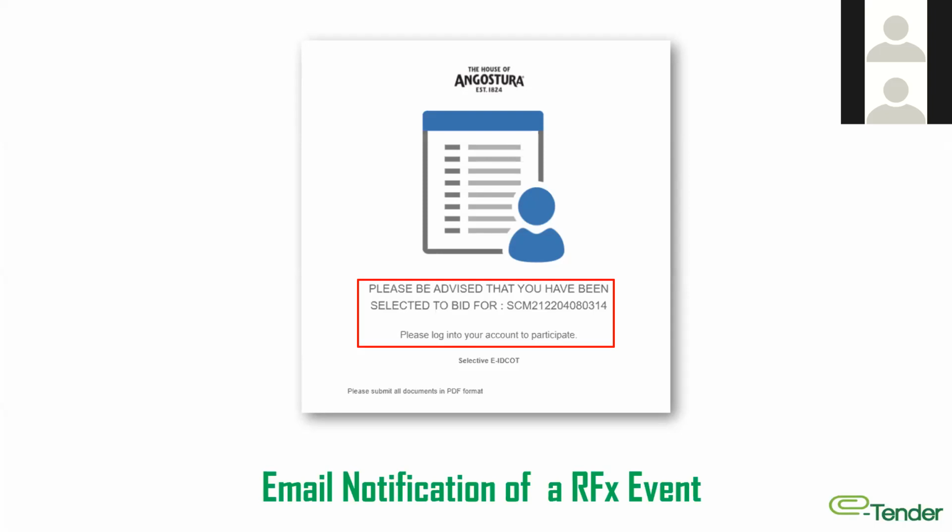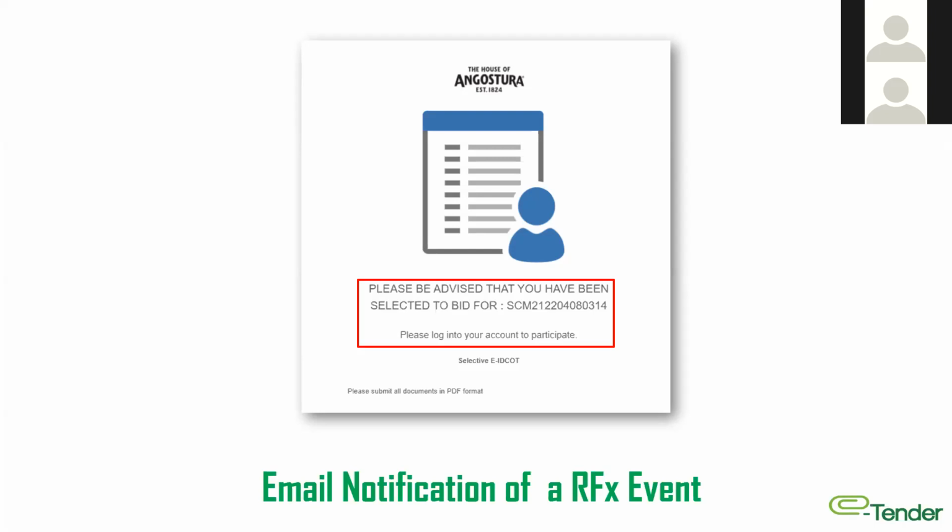But when you're invited to participate in an RFX event, it can happen in 2 ways, right? It can either be through a public tender or a selective tender. If it's for a public tender, you will not receive this email notification here unless, when you are setting up your account, you select your preferences for categories that you would like to receive notifications for, which I will share with you.